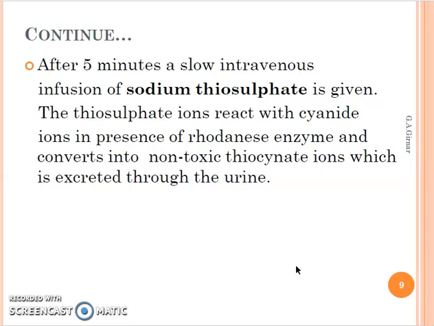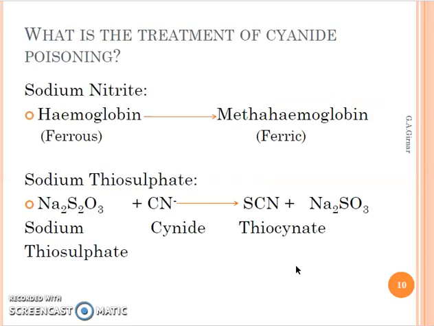So these are the two different antidotes which are given to treat cyanide poisoning. In short, if anyone asks what is the mechanism of cyanide poisoning as well as its treatment, we can write it in short as two different reactions, from which you can memorize the whole treatment. In the first reaction, sodium nitrate, a physiological antidote, is given.